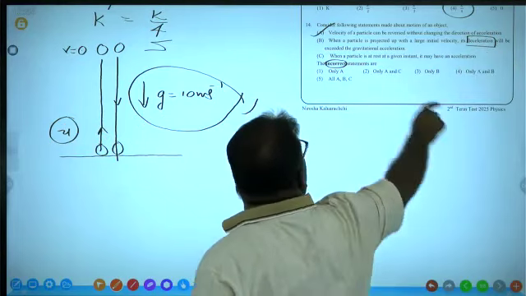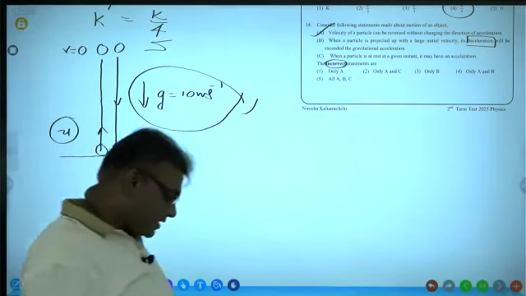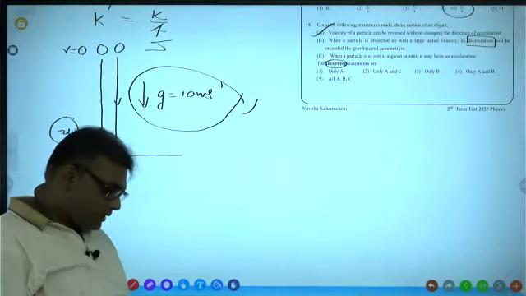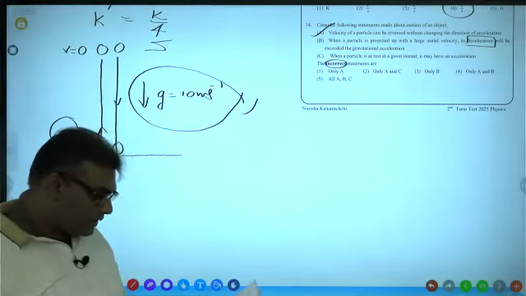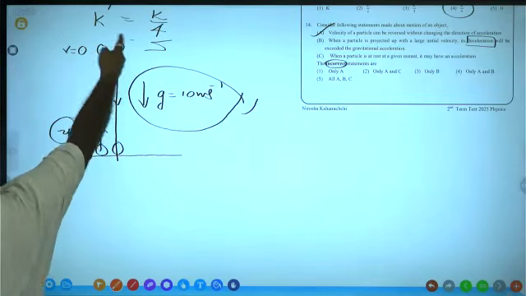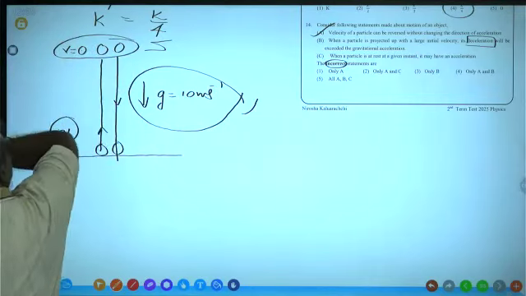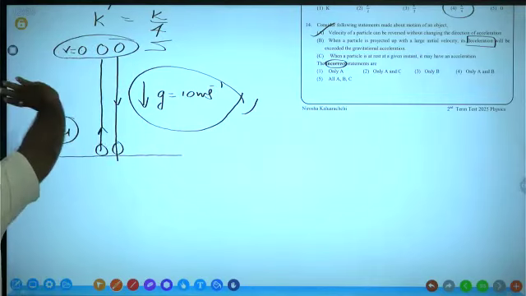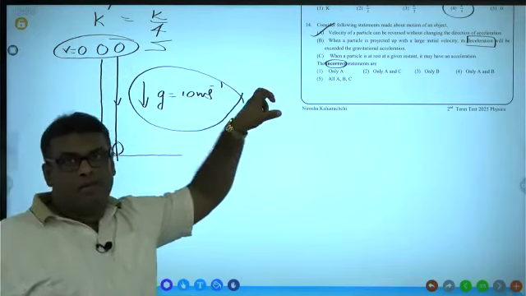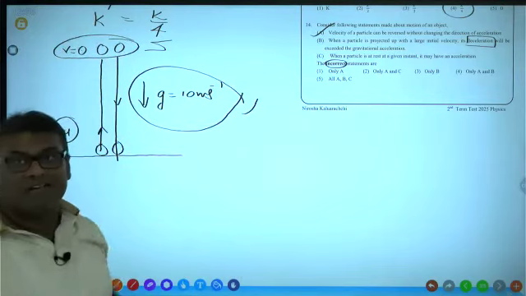Correct? C: When the particle is at rest at a given instant, it may have an acceleration. If the particle remains at rest at a given instant, right, not a time period, at a given instance, yes, done, but there is a gravitational acceleration.